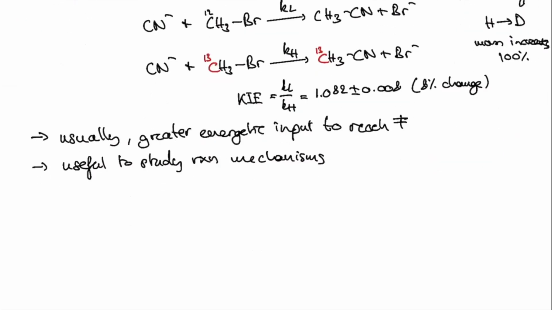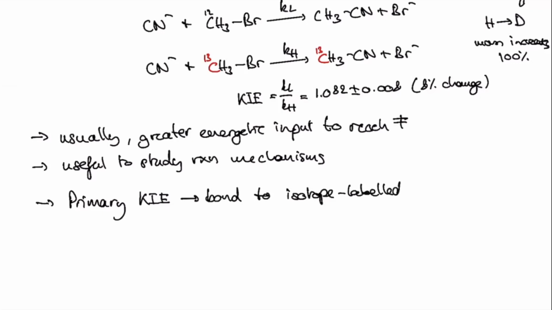So we can split it into two effects. One is called the primary kinetic isotope effect. So that means the bond to or from the isotope labeled atom is broken or formed, right?